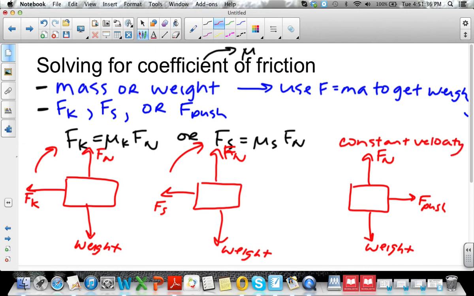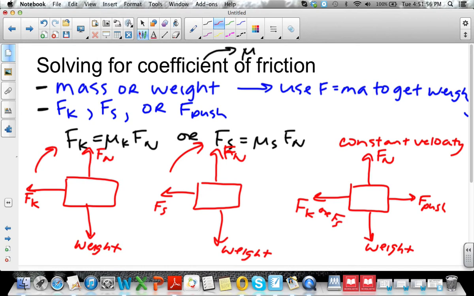Constant velocity means that all the forces have to be balanced. So that means the F push and the friction have to match because they're going opposite directions. So going this way, I will have Fk or Fs. We don't know, could be either one.